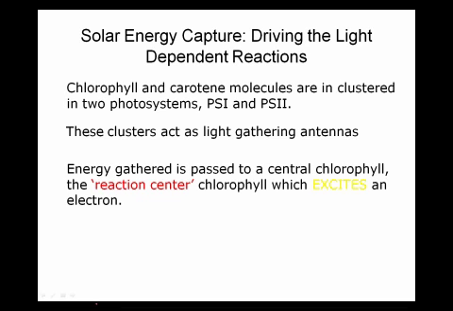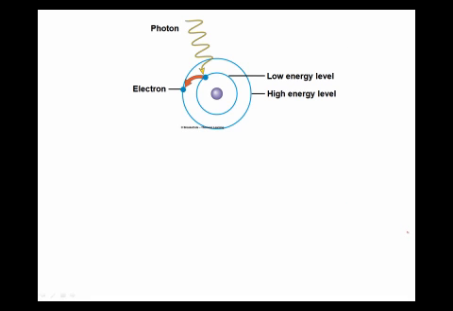And some electrons in this reaction center are going to become excited. When an electron absorbs just the specific photon with just a specific amount of energy, that electron can jump up into a higher orbital. So this is called excitation of the electron.